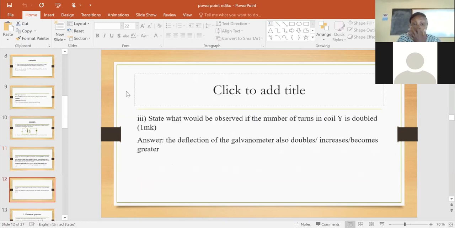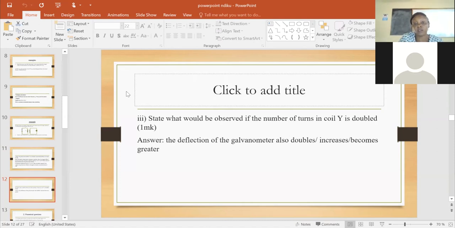The third question was asking, state what would be observed if the number of turns in coil Y is doubled. We are comparing with before the turns were doubled. So in this case, a comparative term must be used because we are comparing two things.